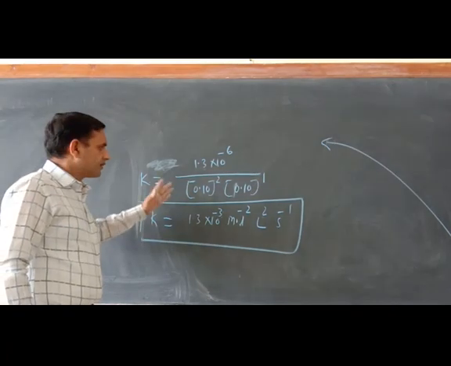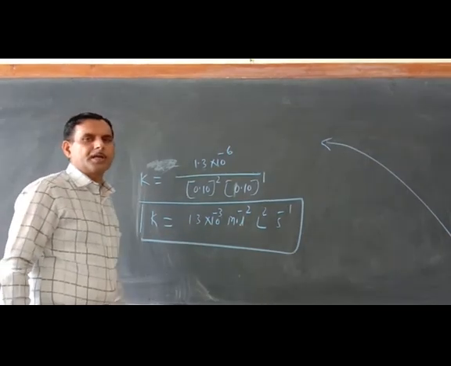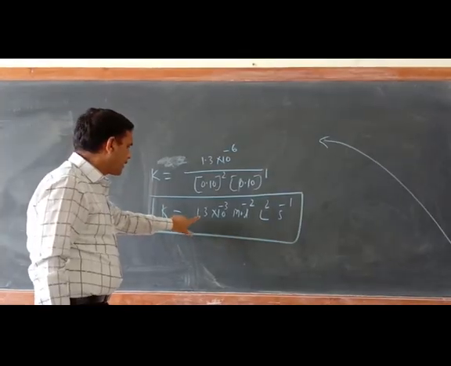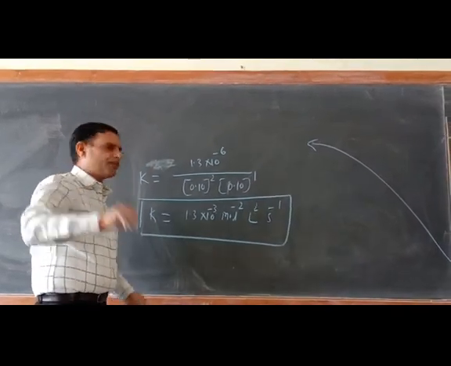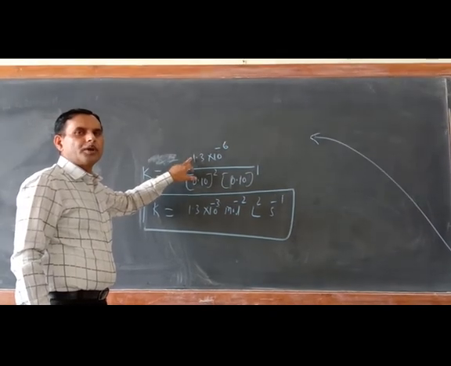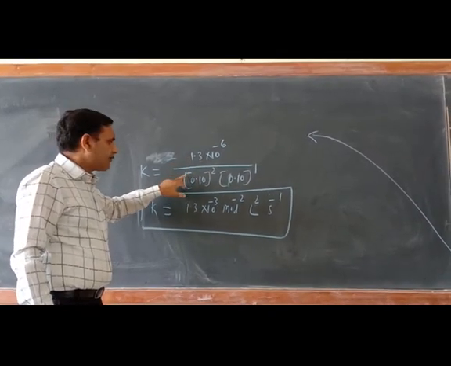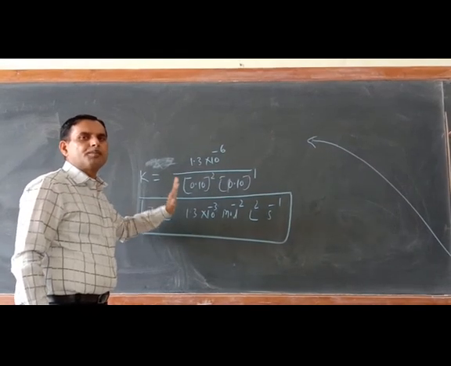So if you calculate, almost every time you will get near about this value only. We have got here the value of K. So just one precaution you should remember, whatever experiment rate you are going to put here, same experiment molar concentration of reacting species you should put here.